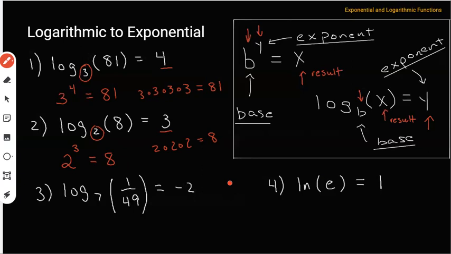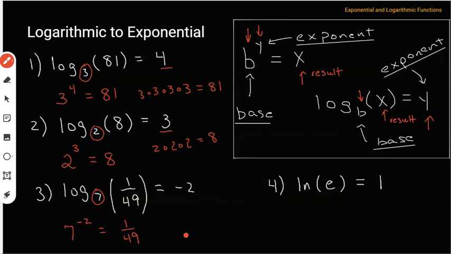Let's look at number 3. For number 3, what is my base? My base is going to be 7 this time. And what we're going to be doing is taking that 7 and raising it to the exponent of -2. So 7 to the -2 power is equal to 1 over 49.